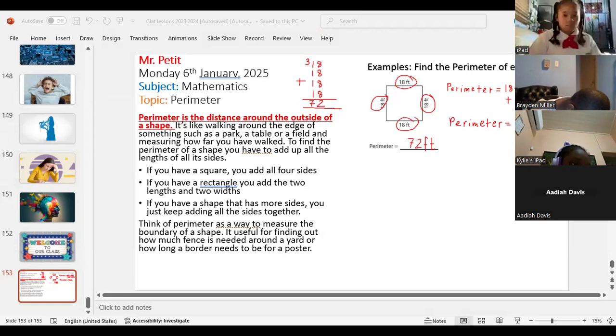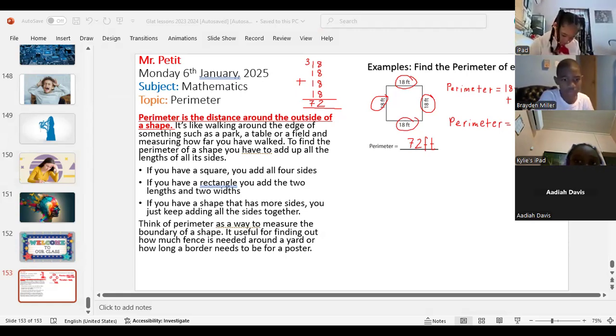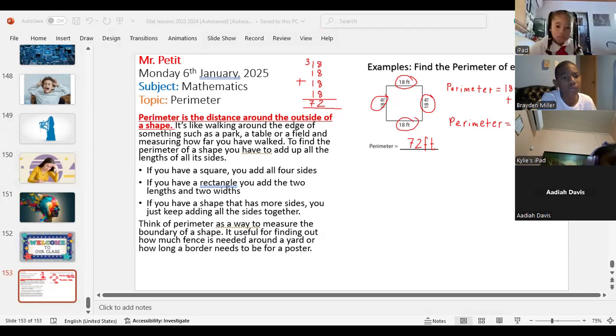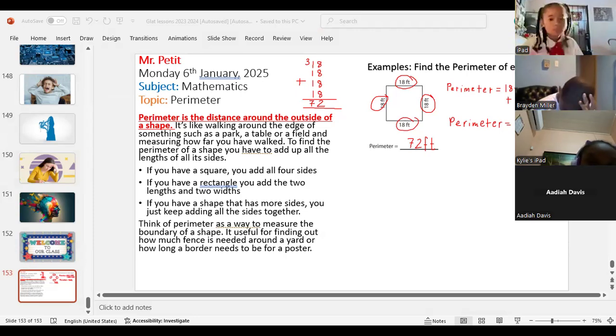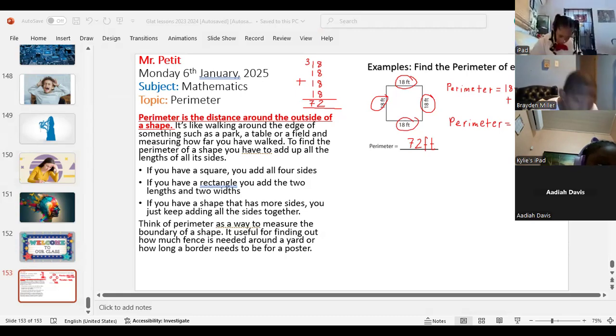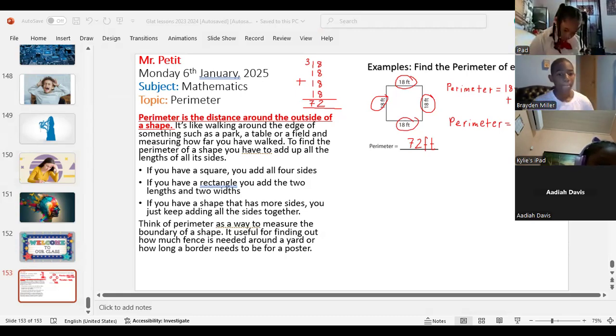All right. Do that example inside the chat, Madeline. And put your answer in the chat once you get it. Madeline and Maya, who's finished? Trinity, is this your work? Yes, sir. Very good handwriting.